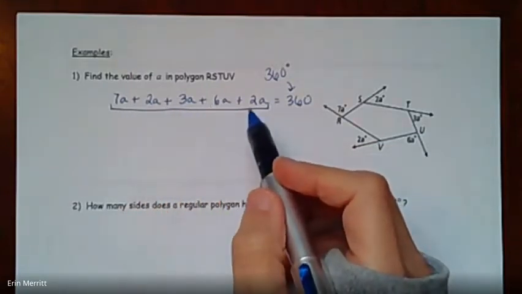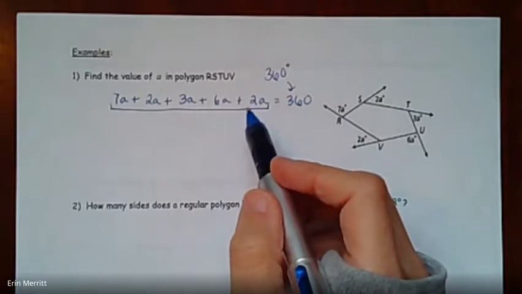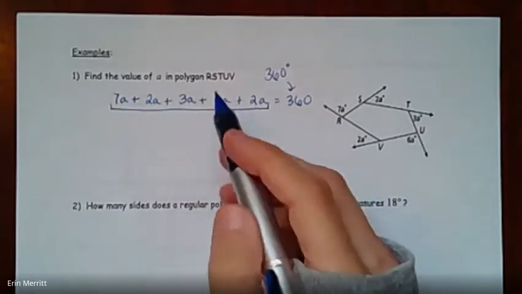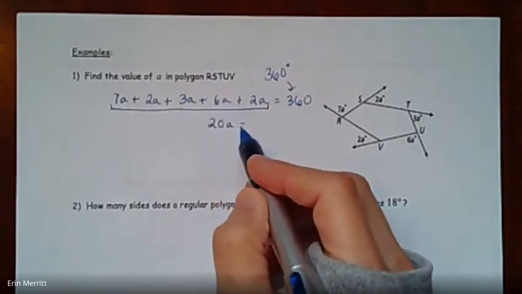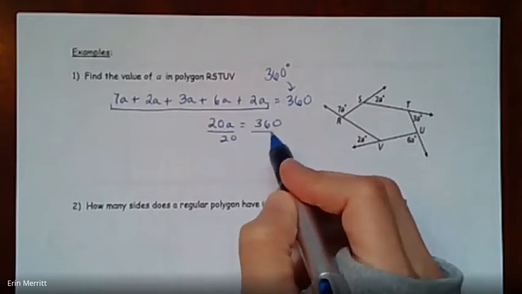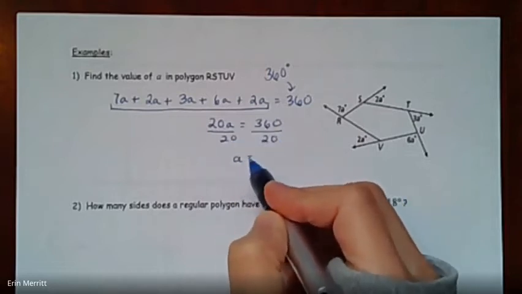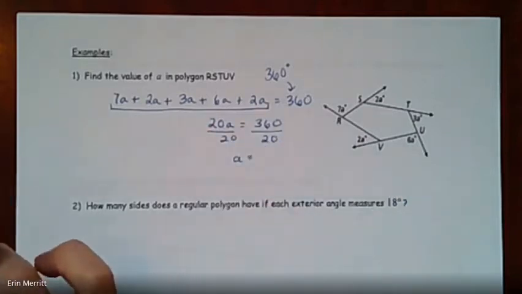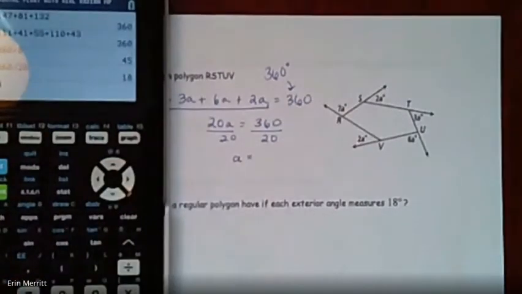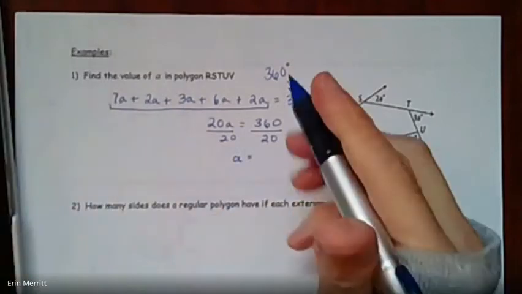So here, when we add these guys up, that's going to be 9, 12, plus 8 more, that'll give you 20A equals 360. So divide it by 20. So if we do 360 and divide it by 20, I can show my calculator here if you need it, that's going to give us 18 right there.